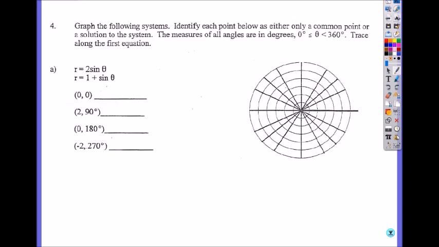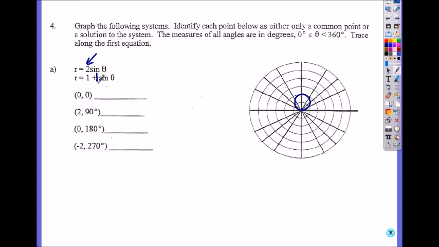r equals 2 sine theta. You should know it's a circle on the y-axis, positive y-axis, and the radius will be what? 1, because the total length is 2, right? This is the total length, diameter. Radius is 1. What about r equals 1 plus 1 sine of theta?